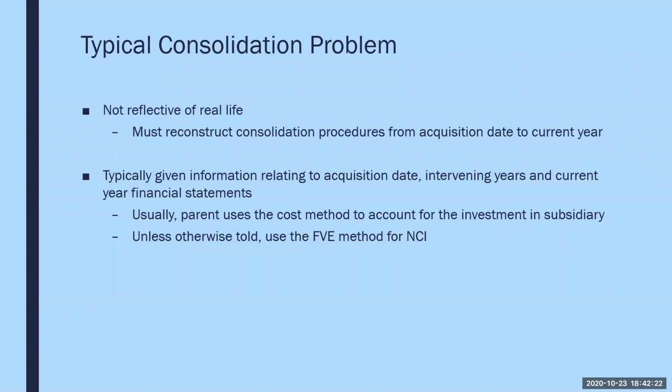But most examples will have the fair value enterprise method to account for non-controlling interest. And usually, we are only asked to prepare the consolidated statement of comprehensive income and the consolidated balance sheet. So we're not typically asked to prepare a consolidated statement of changes in equity and the consolidated cash flow statement.